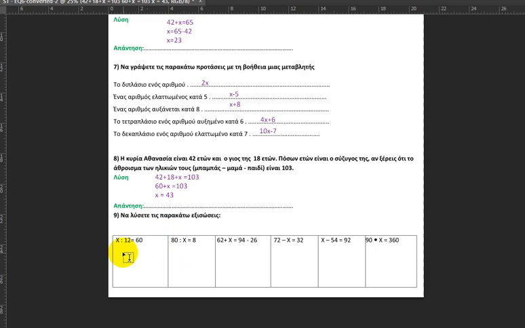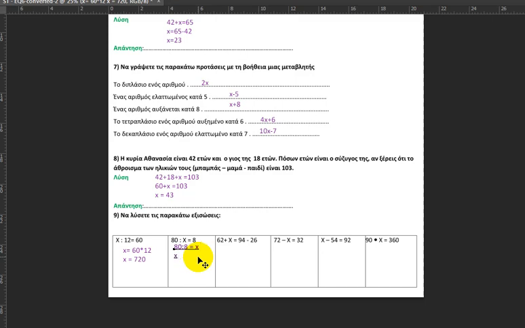Lastly, let's solve these final equations. x divided by 12 equals 60 means that x is equal to 60 times 12. So x must be equal to 720. 80 divided by x, we do the swap, so 80 divided by 8 equals x.